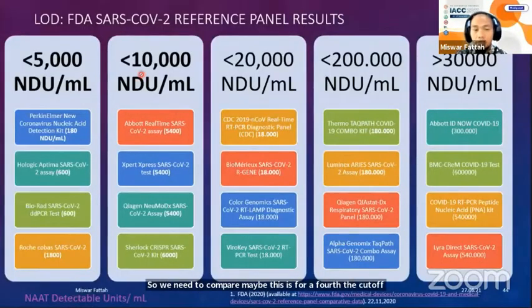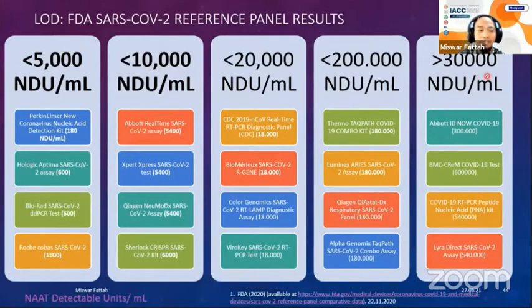And we need to know that the technologies have different sensitivity. Based on FDA data, they have reference panels shared with other labs, and there is a very, very huge difference in sensitivity.